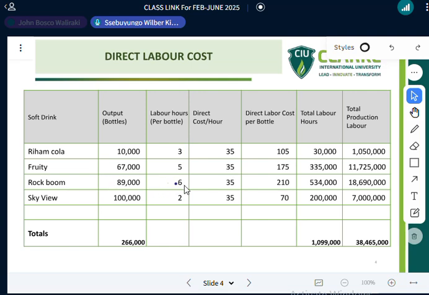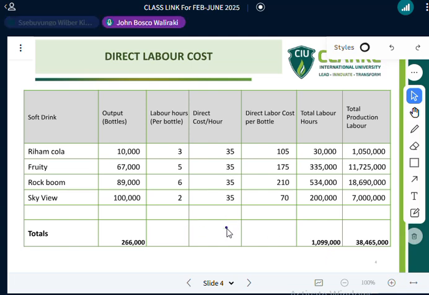Now, I've done that for all, and I've summed up here total production hours, or total labor hours for the period. That is what we are having here as 1,099,000 hours. Those are labor hours, the hours where people are actually working on producing each category of bottles.